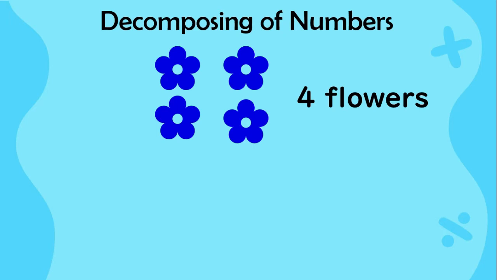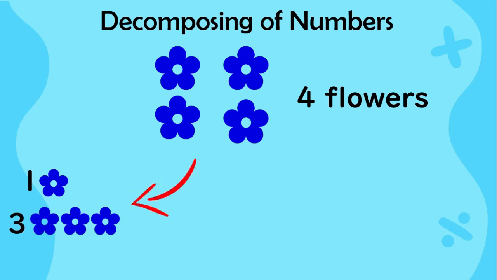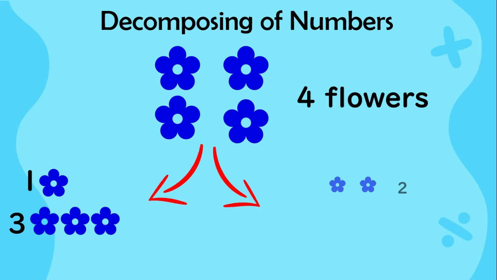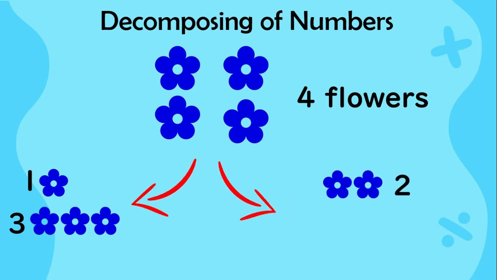For us to break it down, we have 2 ways. First, we can have it with 1 flower and the other set will be 3 flowers. Or we can have it this way: first set will be 2 flowers and the other set will be another 2 flowers. Okay? So always remember, composing, we're going to put the 2 numbers together. And for decomposing, we're going to break down numbers.